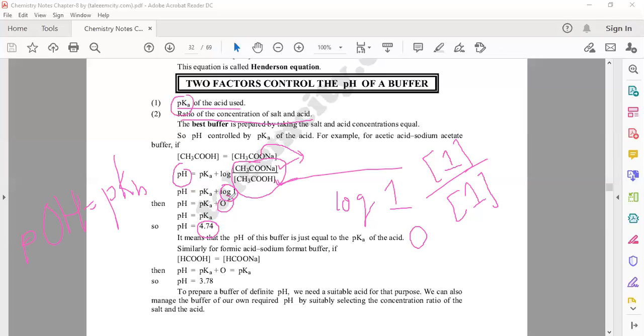If we are going to talk about the base, then the Henderson-Hasselbalch equation will be pOH equals pKb, as we know pKb is the ionization constant of bases, plus log of salt at the numerator and base at the denominator. Clear? So this is when we are dissociating the base.